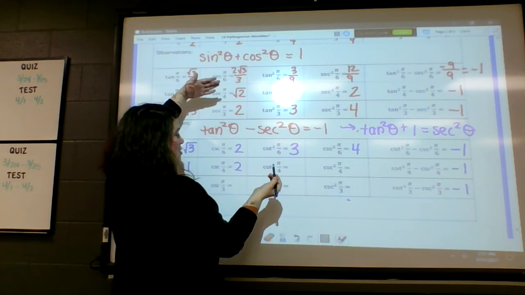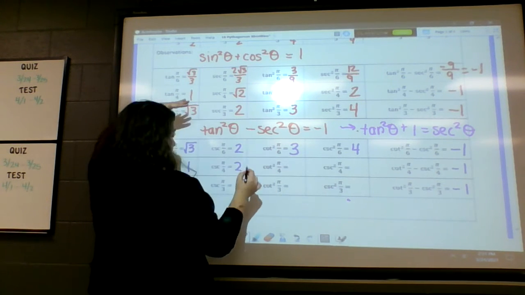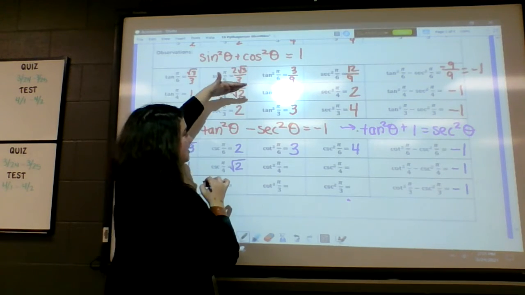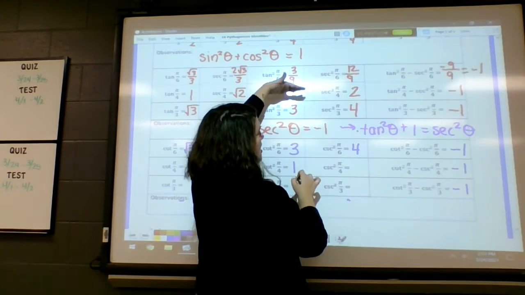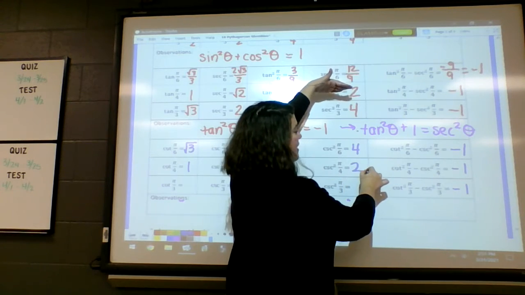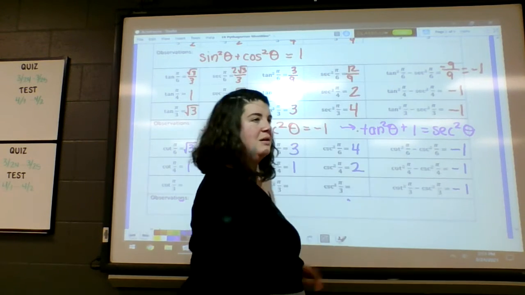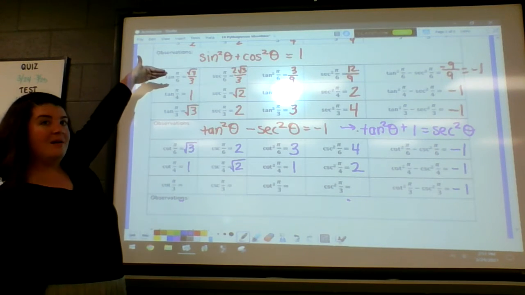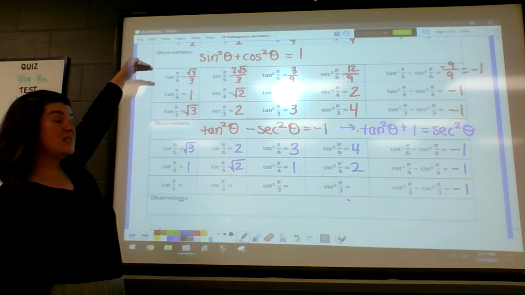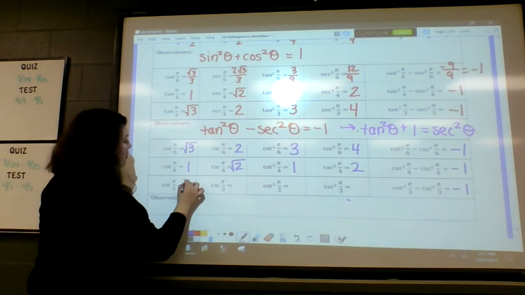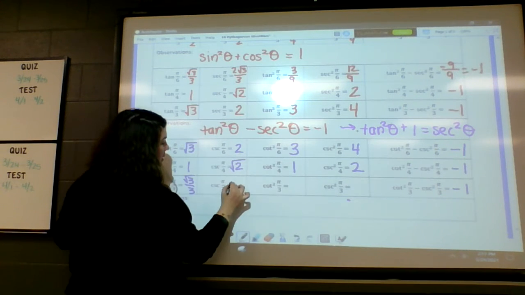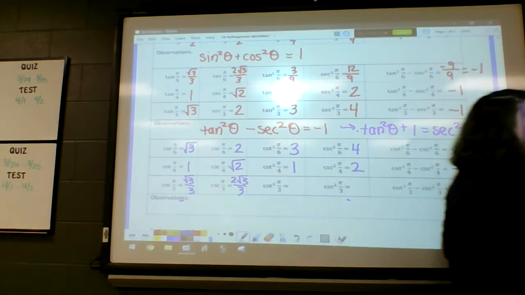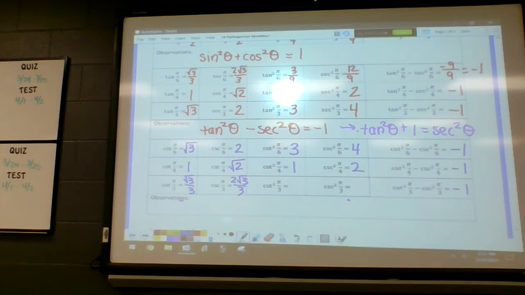So it's square root of 2. And then cotangent squared is 1. Square that cosecant, you'll get 2, and 1 minus 2 is -1. And then this bottom row will mimic tangent of pi over 6. So this is square root of 3 over 3, 2 square root of 3 over 3, and then you can calculate those and get your -1.